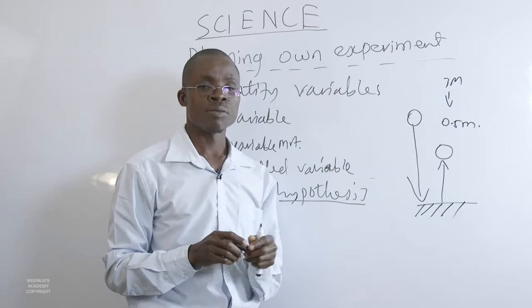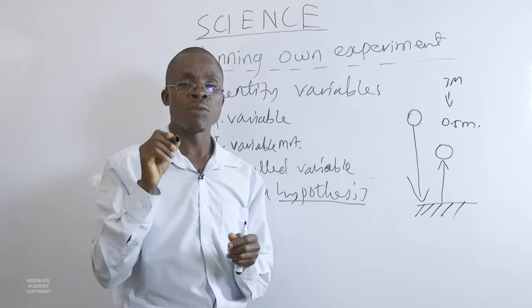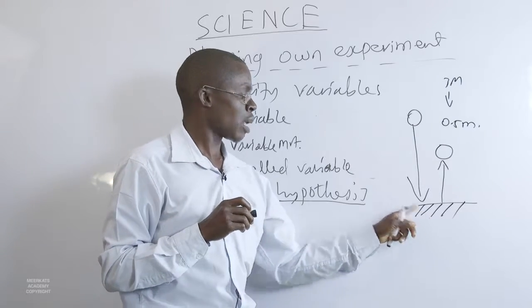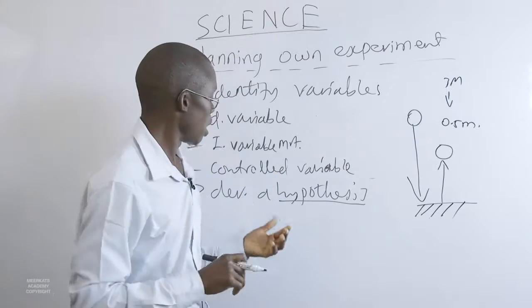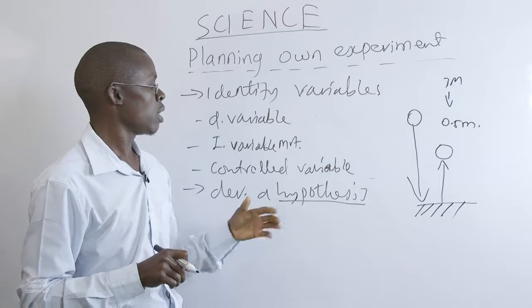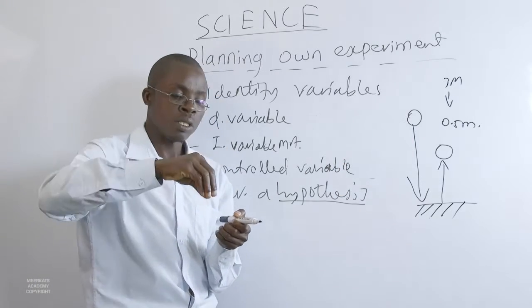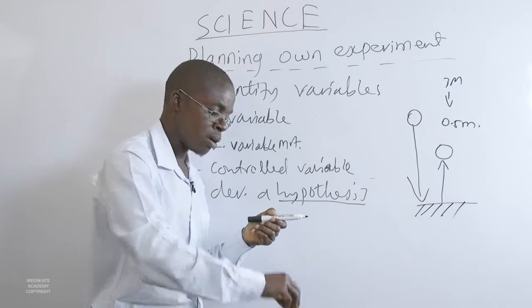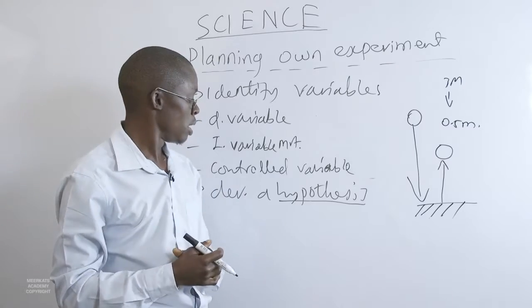The material used, let it be of the same material. The surface onto which it is bouncing should also be the same. I will have controlled all the others, and only one will be left: the height from which you will be releasing the ball, going up to, for example, 3 meters.